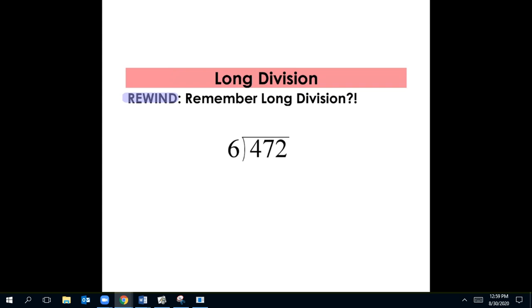How many times does 6 go into 47? The answer is 7 times. And we multiply the top number by the outside number, and we get 42, and then we subtract. 47 minus 42 is 5, and then we bring down this 2.